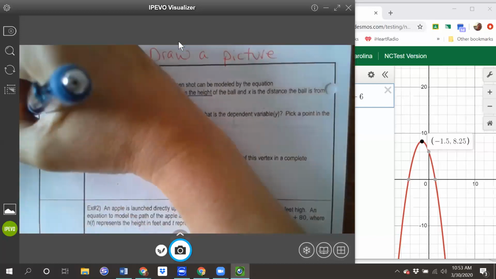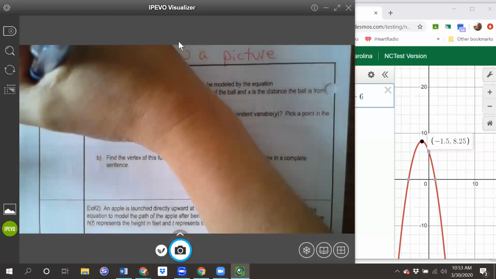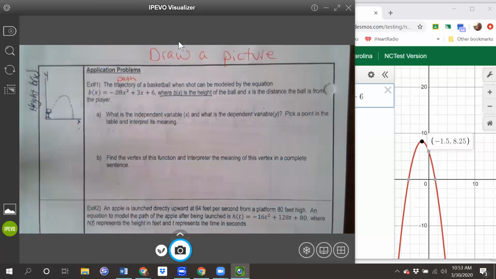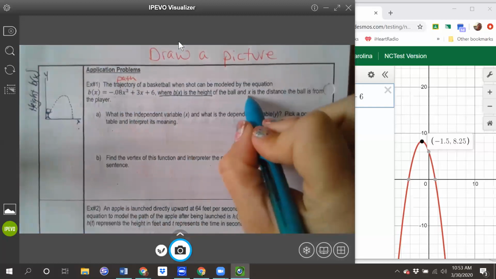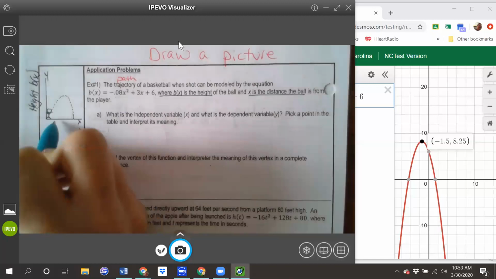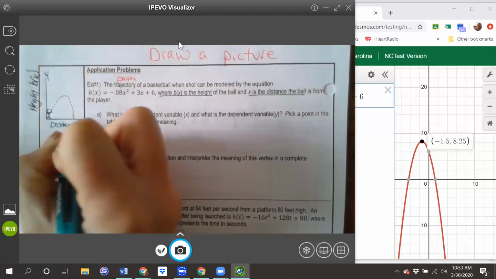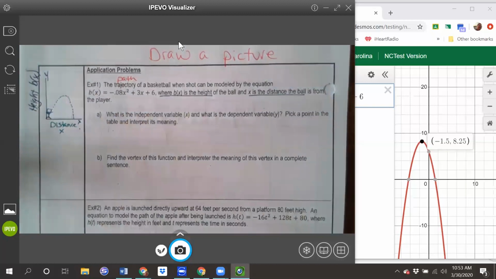So this is height represented by B of X. And then I am given X is the distance the ball is from the player. So this X measures the distance in X that the ball is from the player.